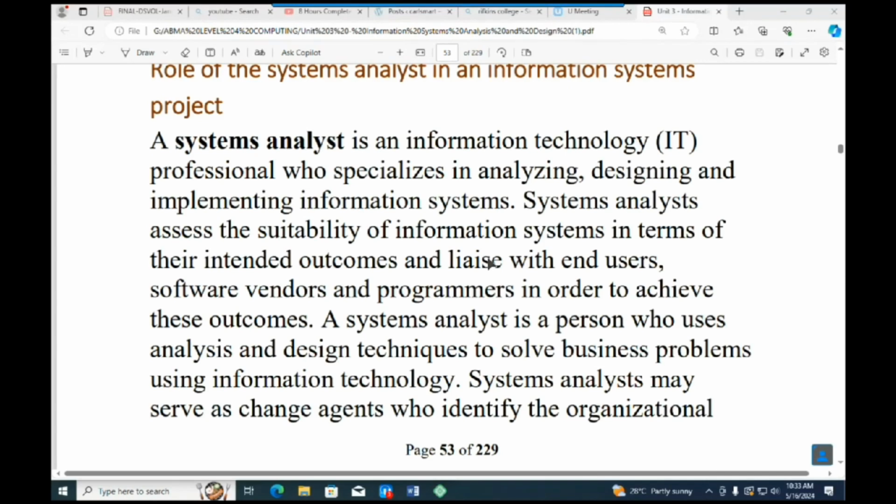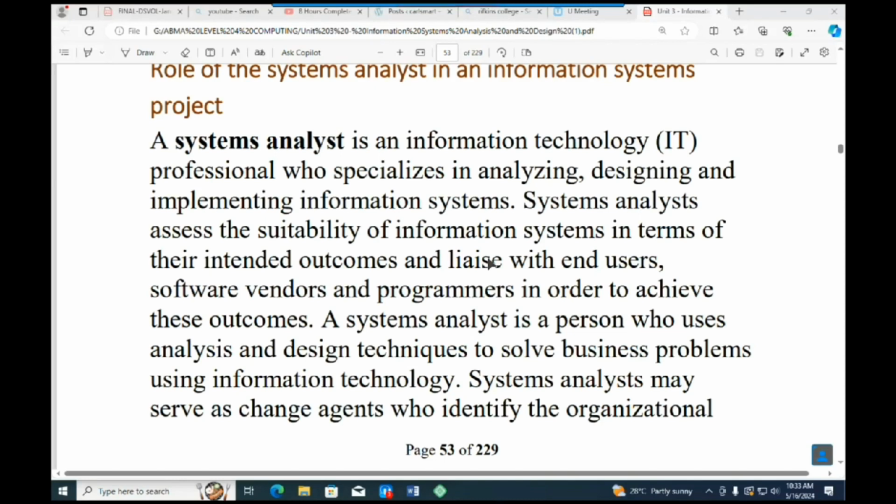He's the person that normally assesses the suitability of an information system, checks if that information system is suitable, in terms of the outcomes that are intended for that particular system.